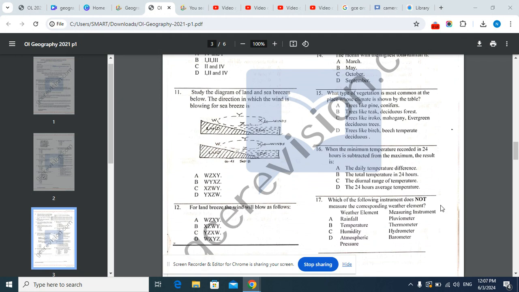When the minimum temperature recorded in 24 hours is subtracted from the maximum, the result is. The answer is C.